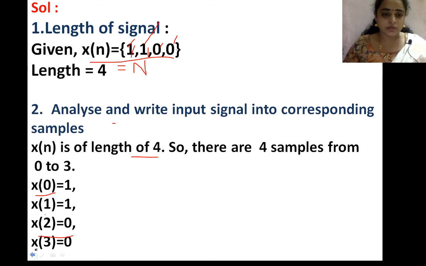N is equal to 4, and then you have to write down these steps, X of 0 to X of 3. We write these down in order to substitute them without mistakes, or else if you are confident that you can substitute the X of 0 value directly by just seeing the signal, then it will be absolutely fine. You need not represent these.